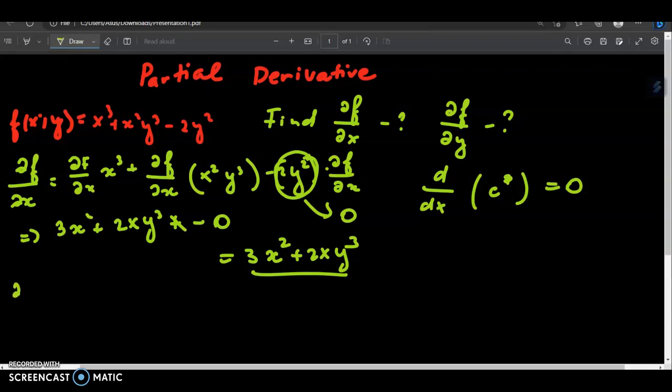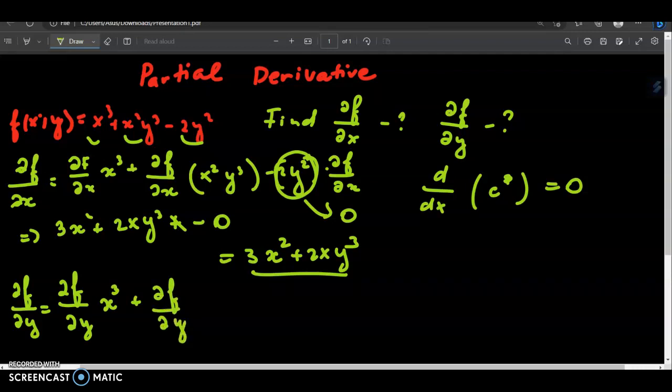It's going to be ∂/∂y of x cubed, plus ∂/∂y of x squared y cubed, and minus ∂/∂y of 2y squared.